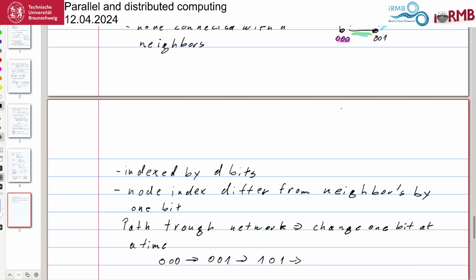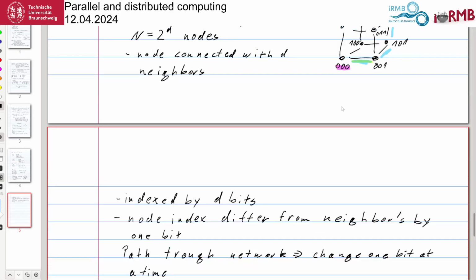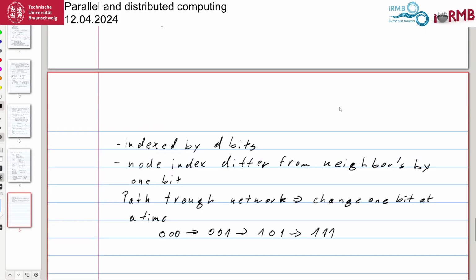And then we change the last bit, 1, 1, 1. I could have taken another path, of course, by changing the other bit first, so 1, 0, 0, and then changing it. But this is how you find your way from one place to the other.